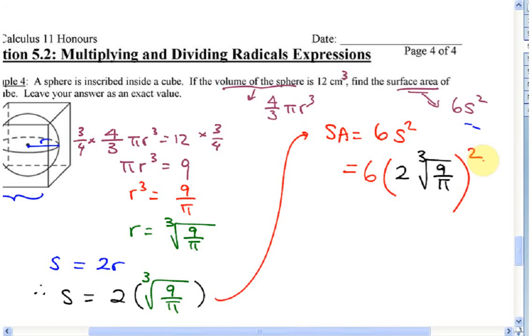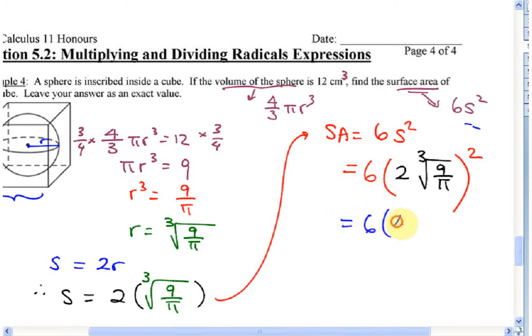Now, this is where many of you will make a mistake, okay? That square applies to everything inside this bracket. So apply it to the 2 and this cube root part. So what's 2 squared? 4.